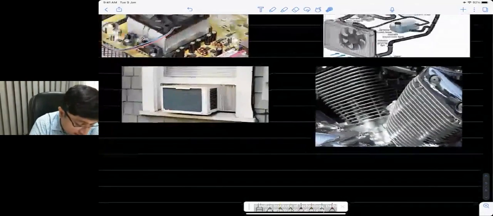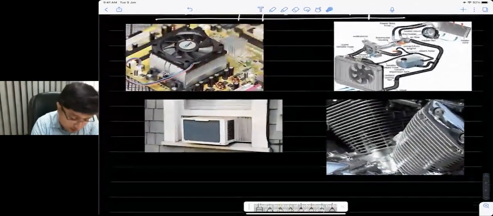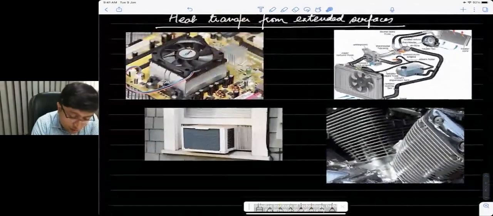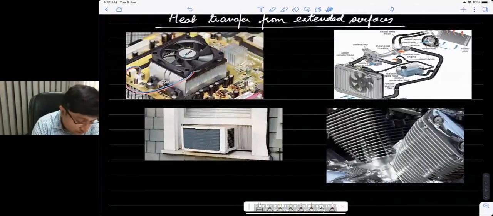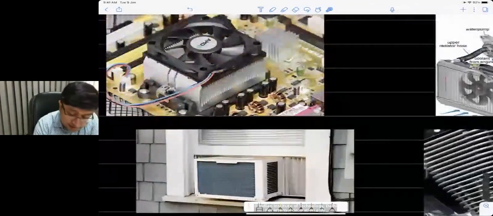What I'm going to discuss today, before we do a more detailed analysis in the next lecture, is first of all, what is common between all these four applications. If you look carefully, you can notice that there are surfaces which extend out from these bodies.